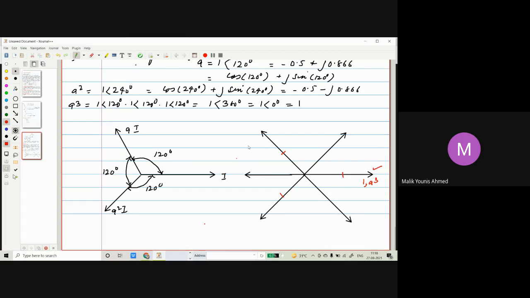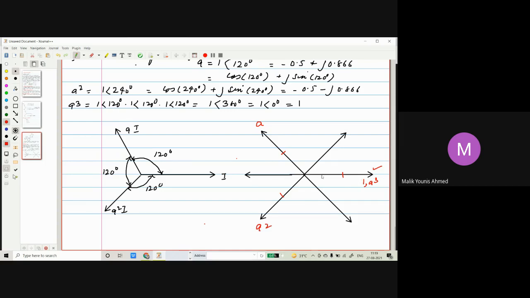Now after the reference what do we have? At an angle of 120 there will be a. So this angle is completely 120. From a, at an angle of 120, or at an angle of 240 from the reference, will be a square. So what will this one be?